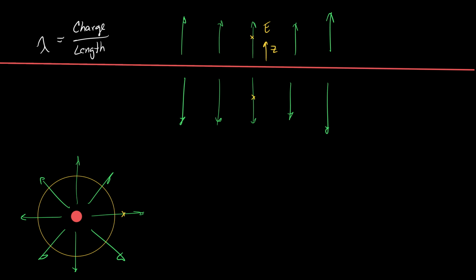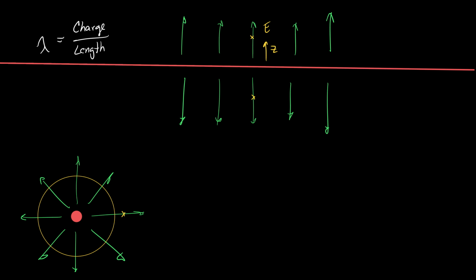Now, this part's going to be a little weird because when we did this last time, we wrapped our Gaussian surface around the entire point particle, right? The rules don't say that I have to enclose the entire particle or the entire object. The rules simply state that the electric flux will be equal to the amount of charge enclosed. So I'm not even going to bother to try and wrap something around an infinitely long wire because by definition it is infinitely long.